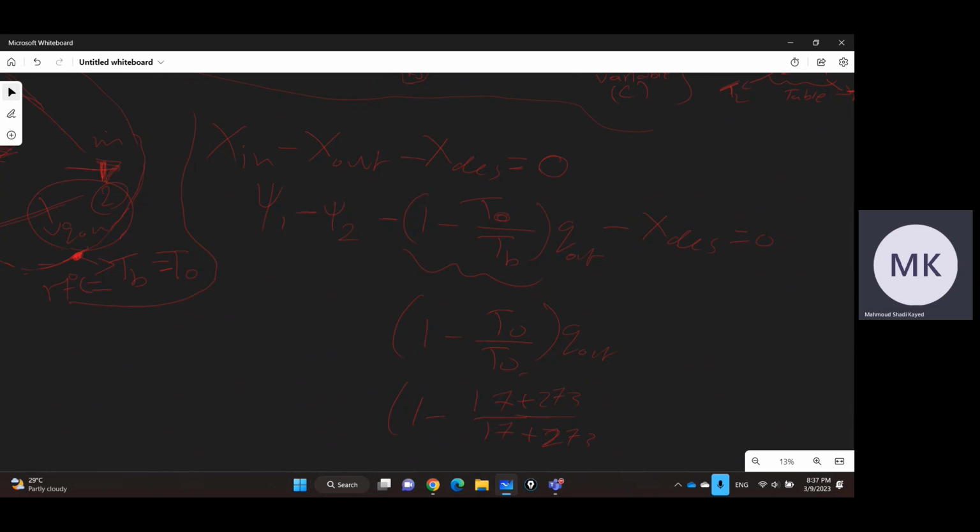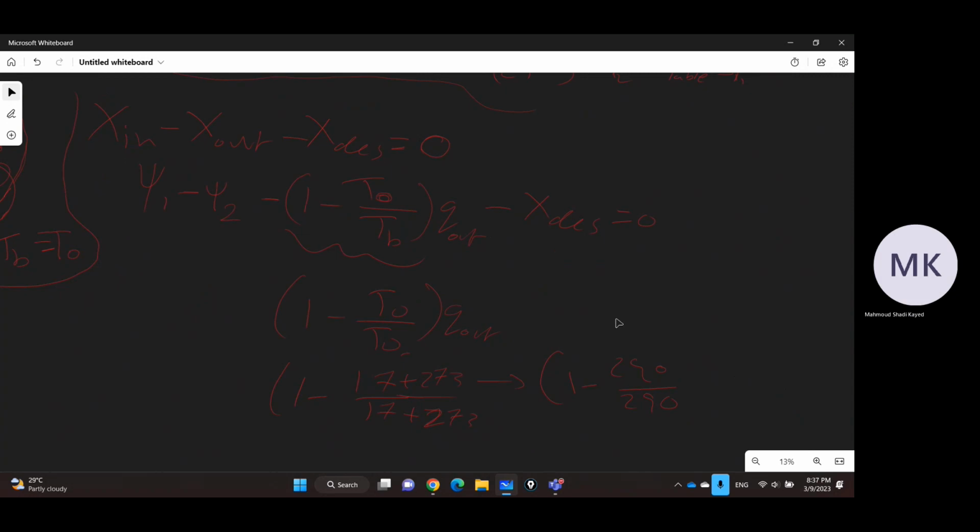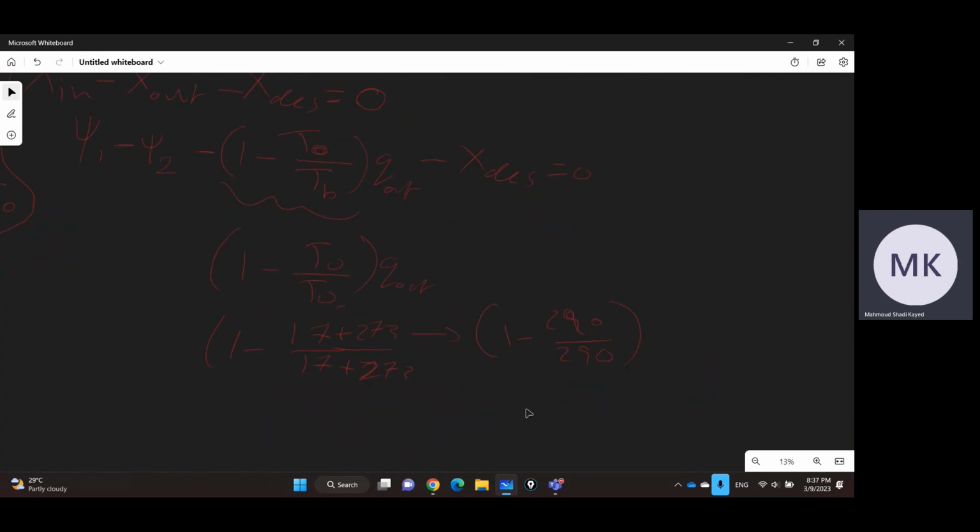This will be 290. 1 minus 290 over 290. 290 divided by 290 will be 1, of course. So 1 minus 1 multiplied by Q out. This will be our Exergy transfer by heat, which is 0.